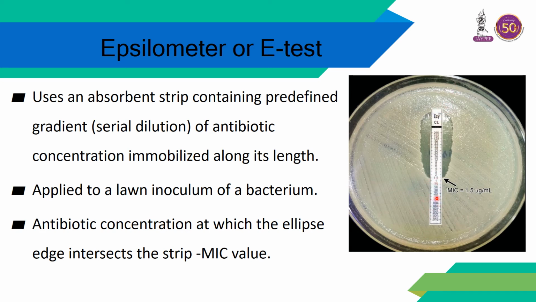This is called the E-strip, and here the concentration of the drug is variable, and such ellipsoid growth can be seen, and based on the reading we can find out whether the organism is sensitive or resistant towards a drug. You just have to remember the name.